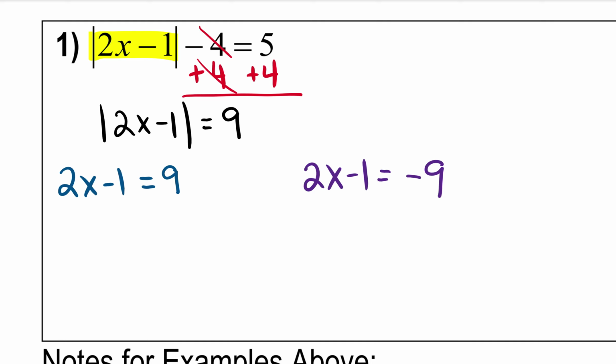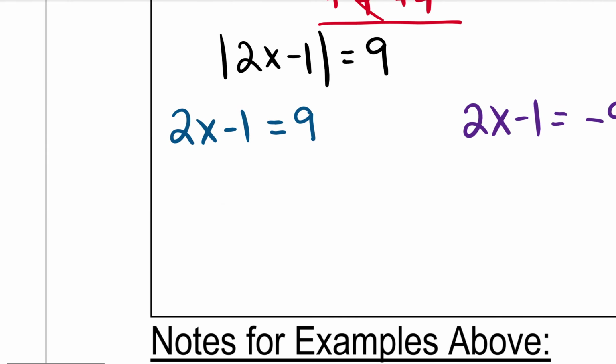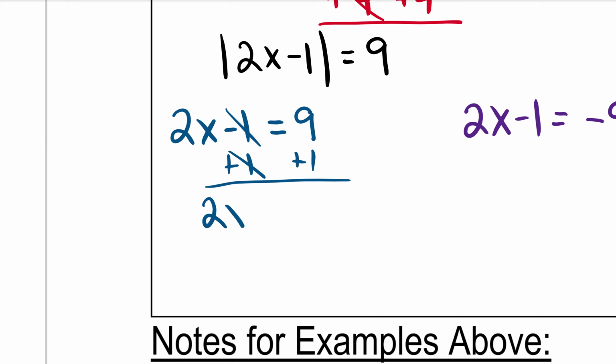Over here on the left, let's solve this one. I'm trying to solve for x, of course, so I'm going to add 1 to both sides. So I have 2x equals 9 plus 1 is 10, and then divide by 2. So x equals 5.